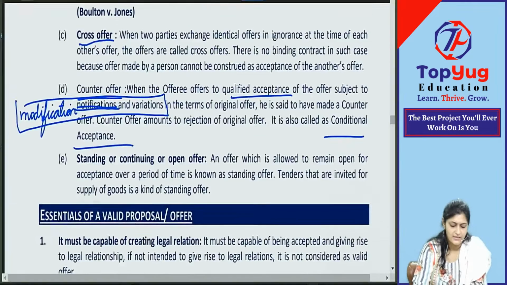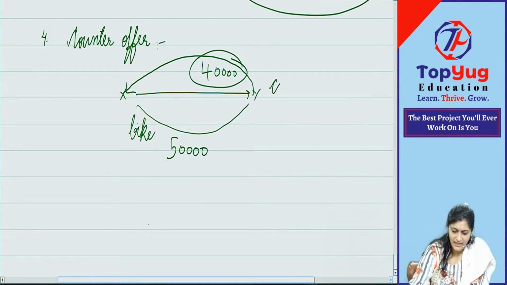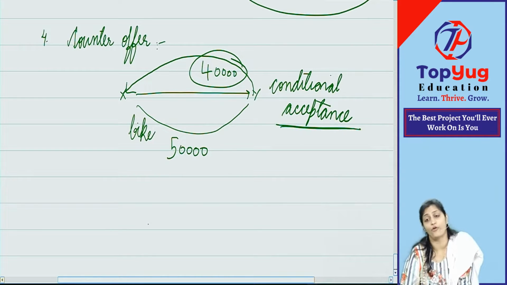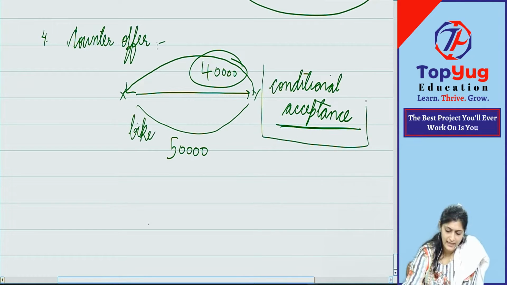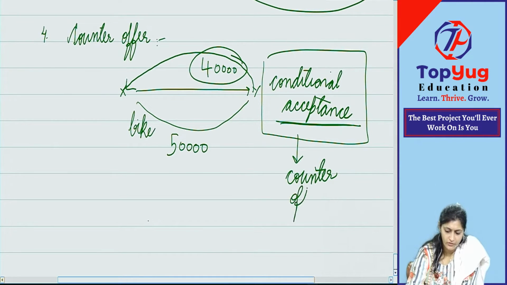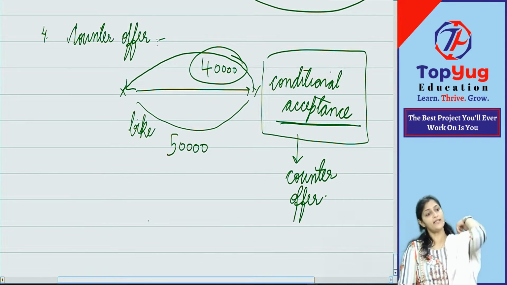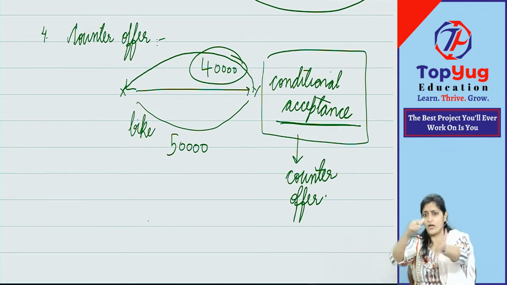And whenever conditional acceptance happens, it is not considered as acceptance in the eyes of law. Law is saying that it is not acceptance, it is just a counter offer. When acceptance happens, a contract comes into existence.